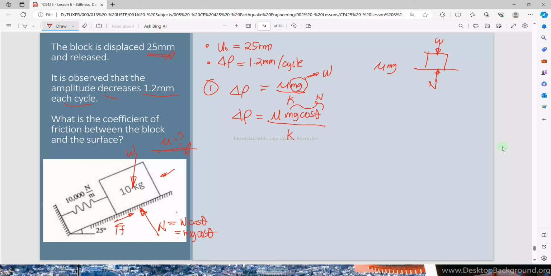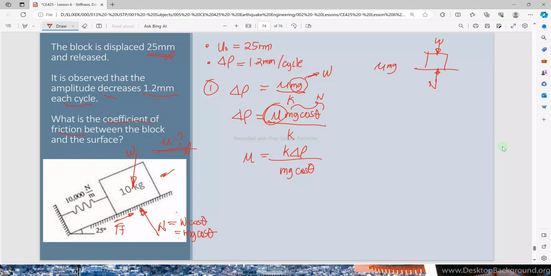Since what you are looking for is mu, the coefficient of friction, it is very easy if you know the formula. Mu is just equal to the stiffness times the reduction per cycle over mg cosine theta.